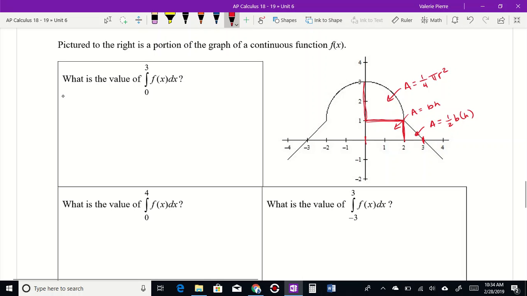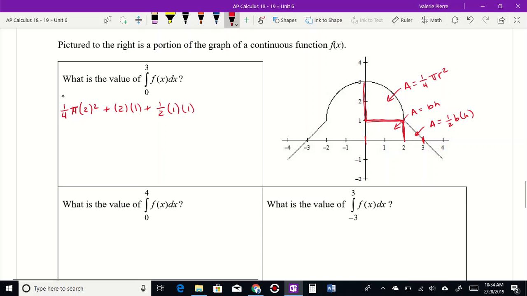So to find the area of this, we have 1/4 pi, and the radius seems to be 2, right? Because we go 2 here, 2 here. So we have pi 2 squared plus the area of this rectangle, so 2 times 1, plus the area of this triangle, which is 1/2, 1 times 1.